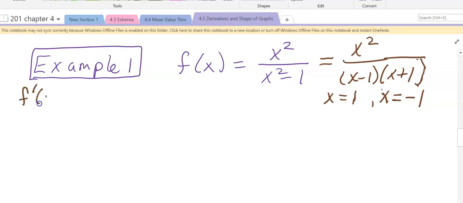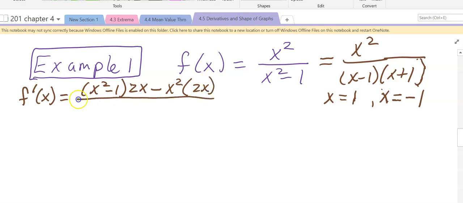First, I find the first derivative. This will give me the denominator, x squared minus 1, times the derivative of the numerator, which is 2x, minus the top, which is x squared, times the derivative of the denominator, which is also 2x, all divided by the denominator squared.